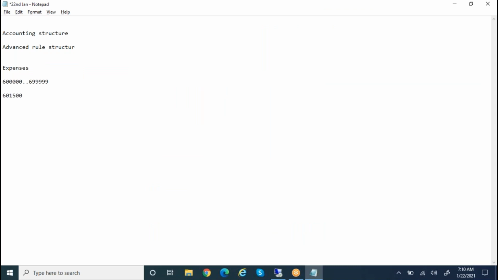For this account, 601500, I want to know which airways my people are traveling. This is travel expenditure. I want to track this travel expenditure airways-wise.